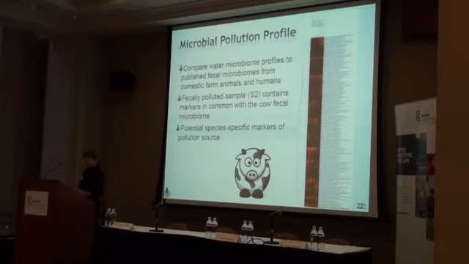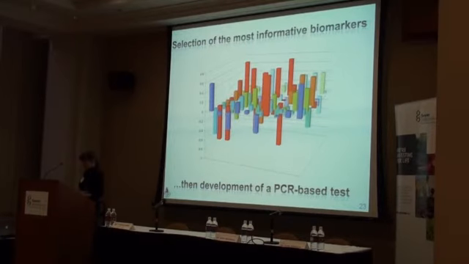And then finally, we can also compare these microbiome profiles to published fecal microbiomes from domestic farm animals and humans, and see that the S2 sample contains markers in common with the cow fecal microbiome. So we can potentially find species-specific markers of pollution source, which will really allow us to remediate these problems more effectively and identify the source.